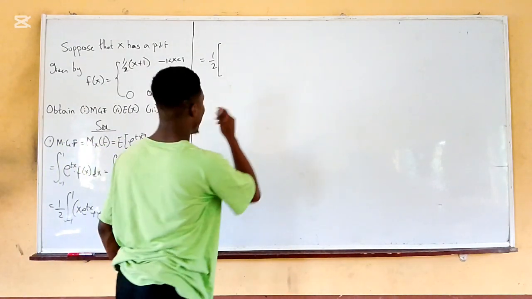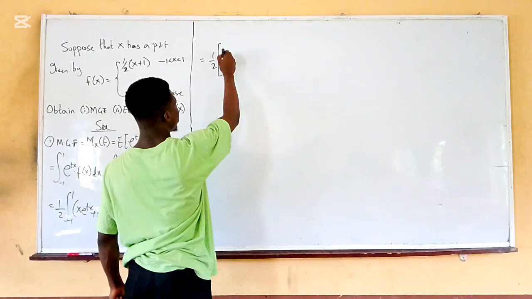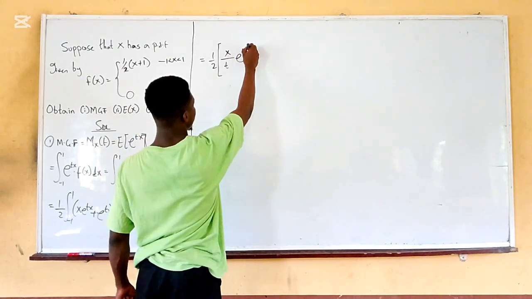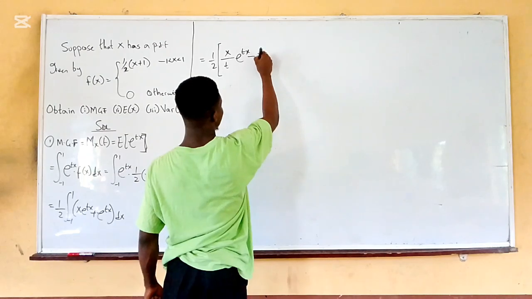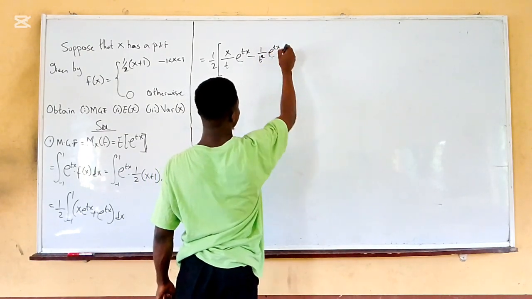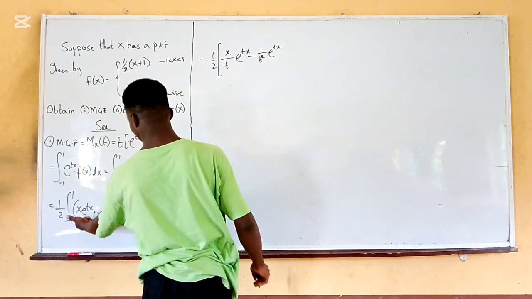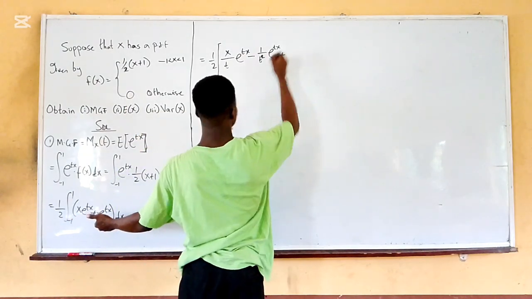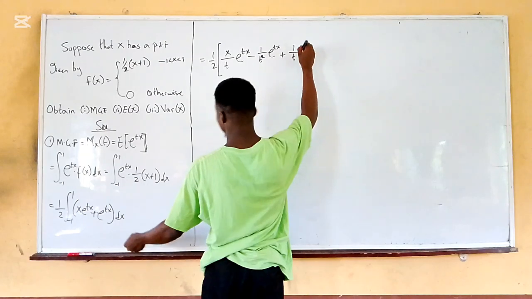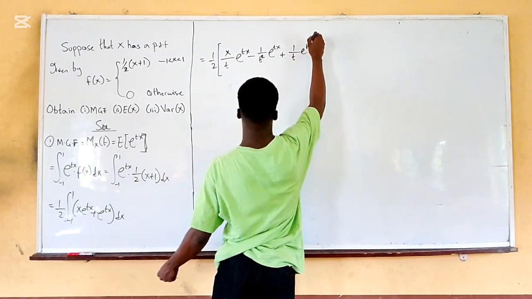If I use integration by parts, I'm going to have x over t exponential tx minus 1 over t square exponential tx. That is the integration of this one, plus the integration of this one will give me 1 over t exponential tx.